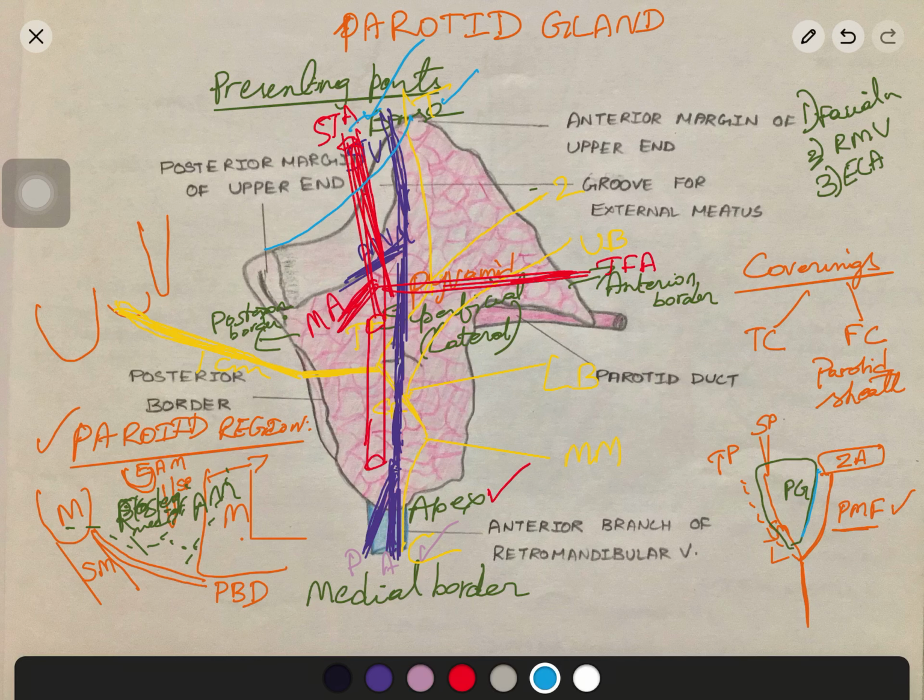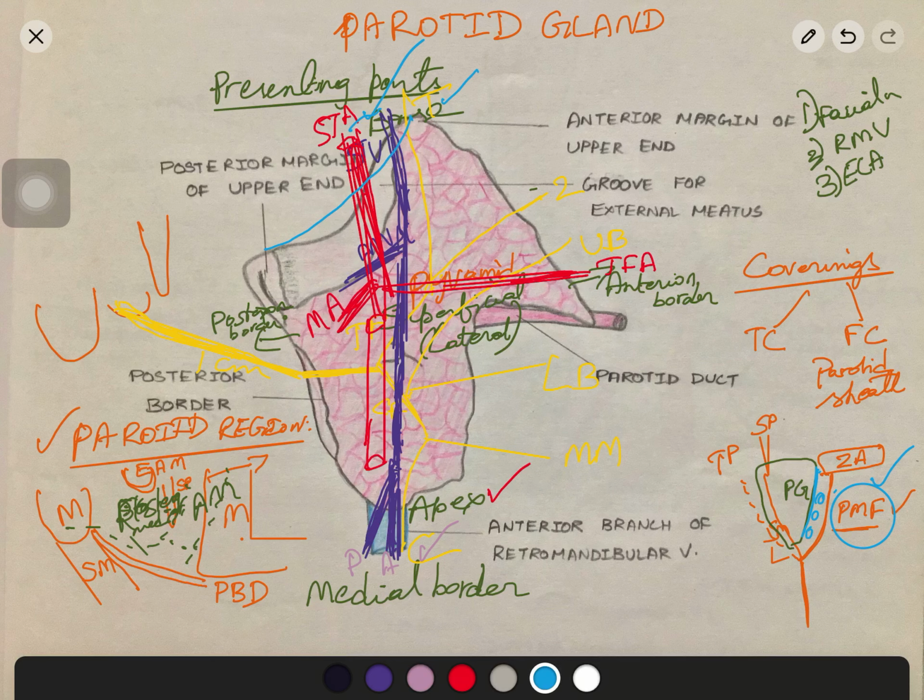Now superficial surface. This is the superficial surface in this diagram. It is related to this fascia, the parotidomasseteric fascia, so it is tightly adherent. In this superficial fascia, the parotid group of lymph nodes are present, and branches of the great auricular nerve.